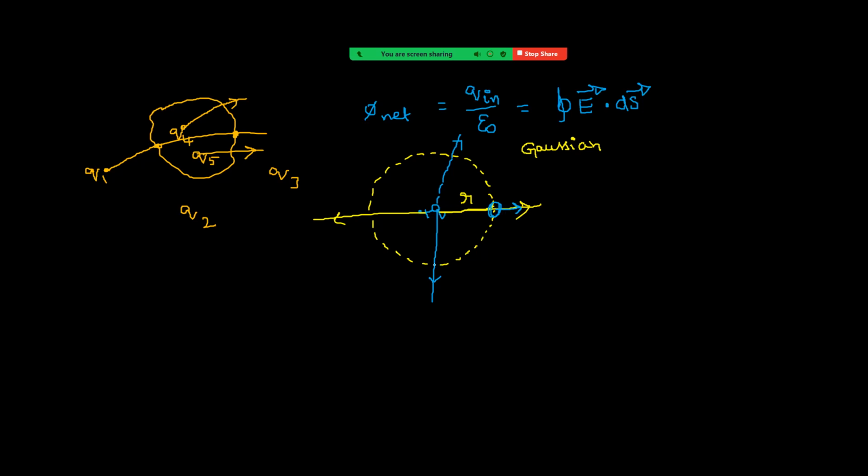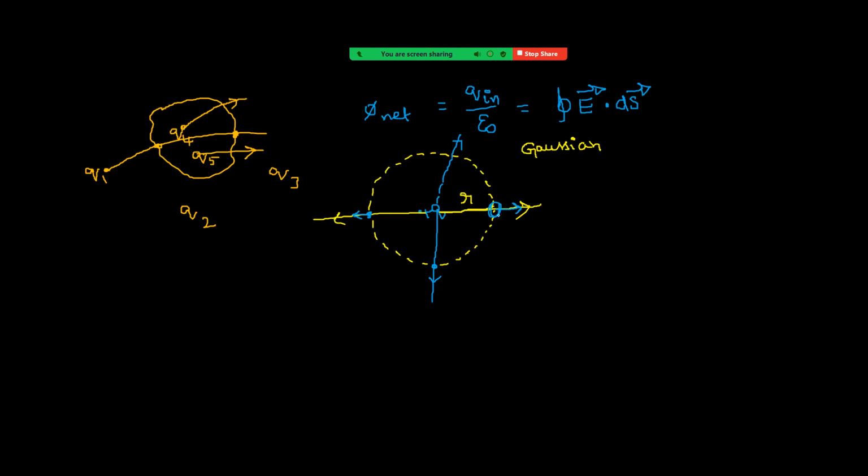It is radially outwards. At the same time, if I focus on a small area at a point, we have learned that area is a vector quantity.